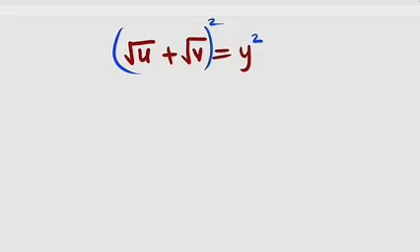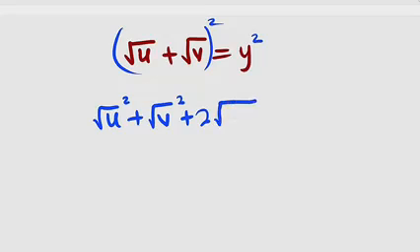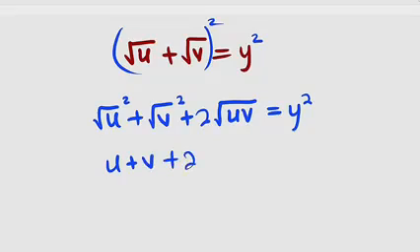Applying binomial expansion, we take the first term and square that. That is the square root of u squared plus the square root of v squared plus 2 multiplied by the square root of u times v. This is the expansion, and this remains equal to y squared. This is u plus v, because the power of 2 will cancel the square root, plus 2 multiplied by the square root of uv, equal to y squared.